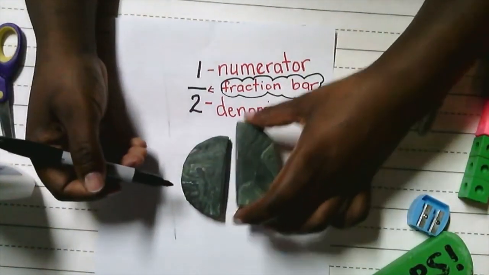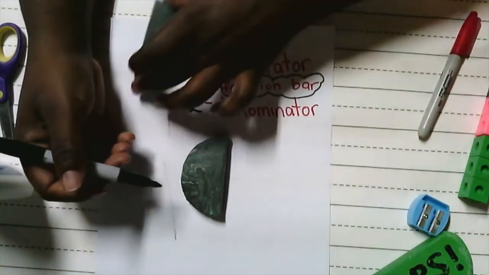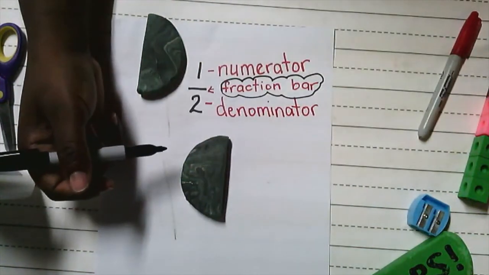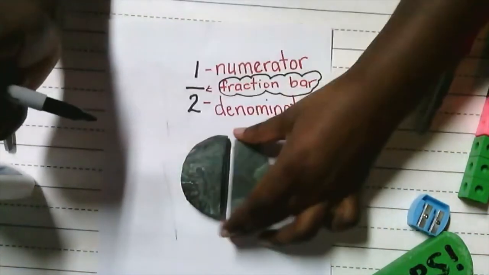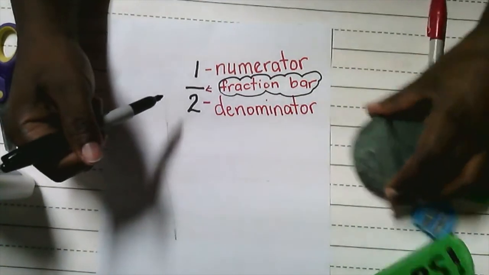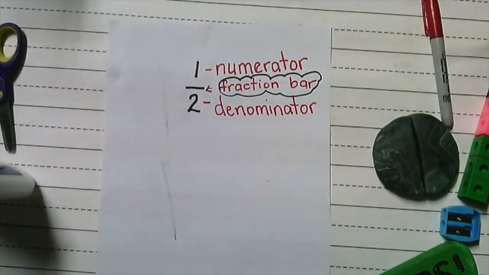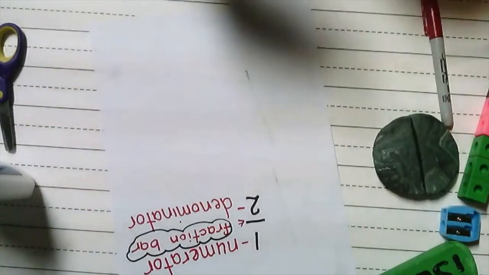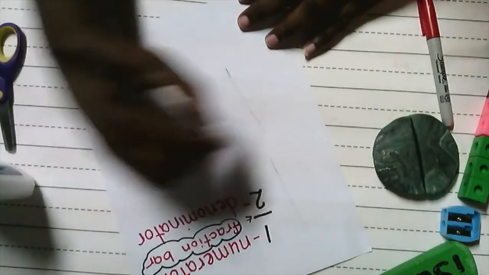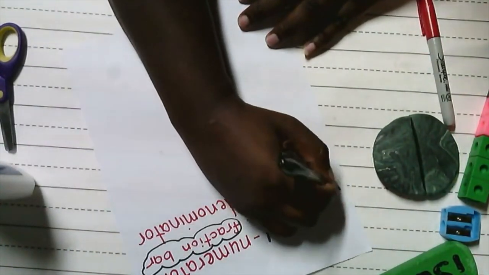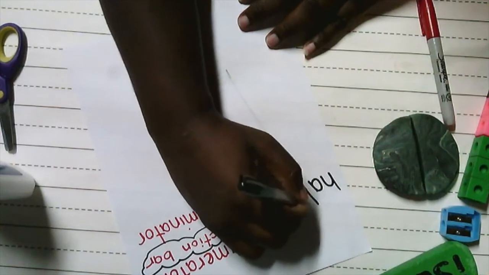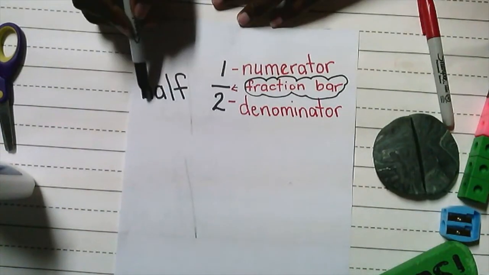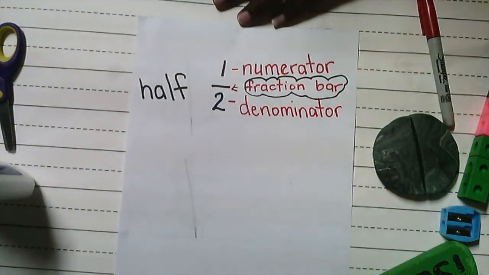She gave her 1 out of the 2 pieces. So the fraction there is 1 out of 2, or a word that we use a lot. I know you know this word. Half. 1 out of 2 is half.